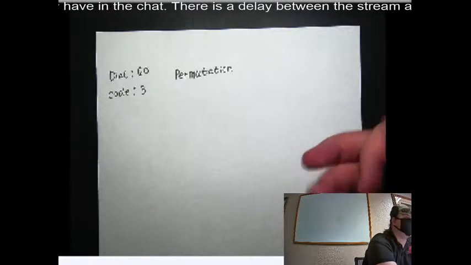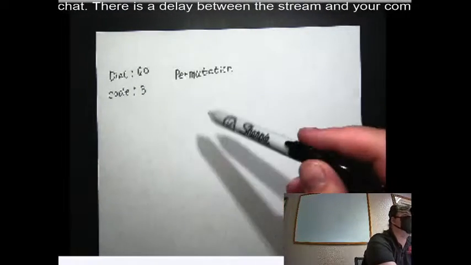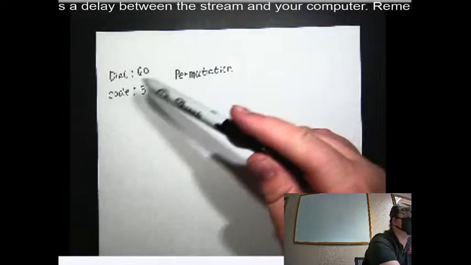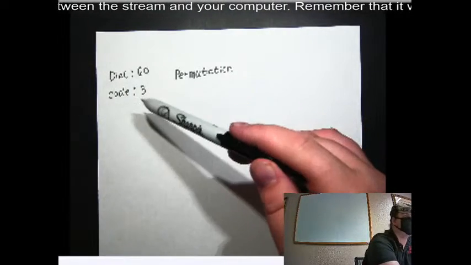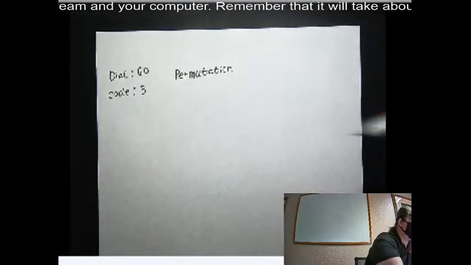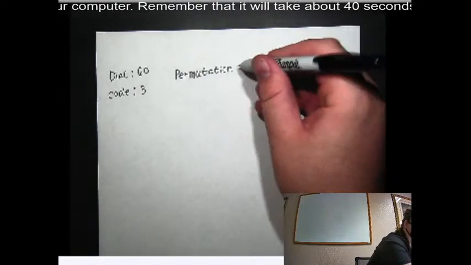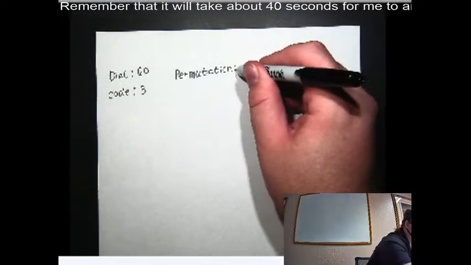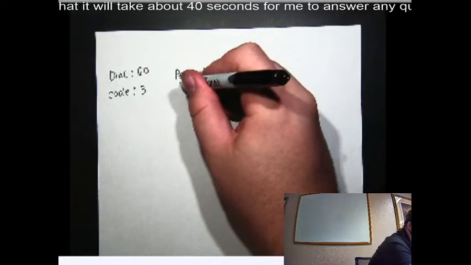So this permutation is going to take this and calculate how many ways we can do that. So how many ways we can put 60 numbers into 3 positions. Now the thing to note about this is that order matters.